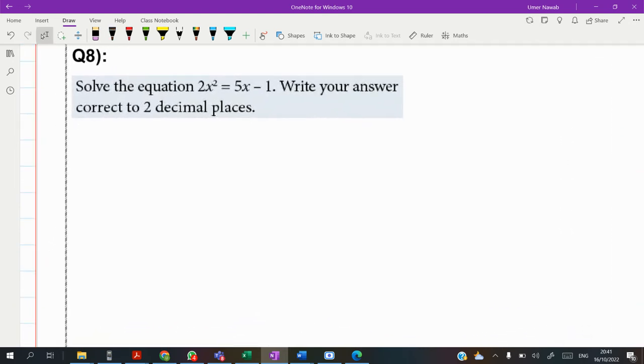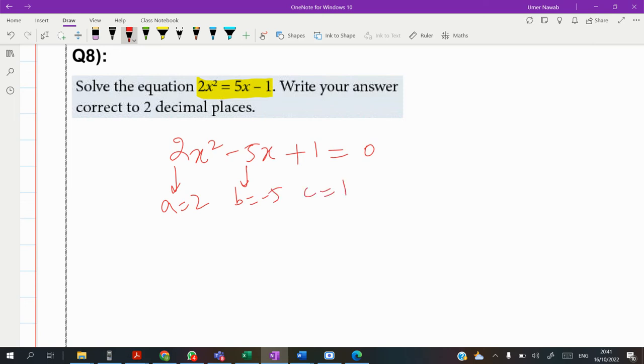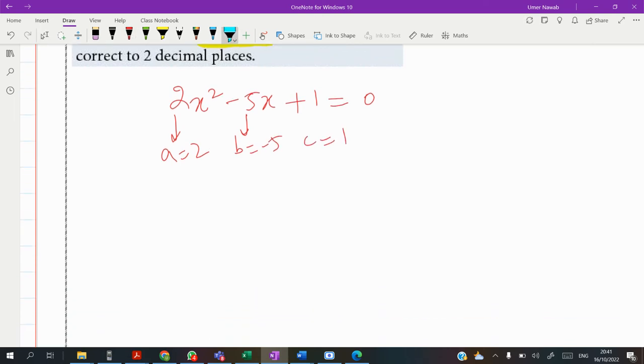He says solve quadratic equation. He did not restrict us to use only completing the square. We can use the formula method. So let's try to use formula method. But before that, you need to readjust it and send everything on the left hand side. Identify the coefficients. So your a is 2, your b is -5, and your c is 1. This is a quadratic equation in the variable x.